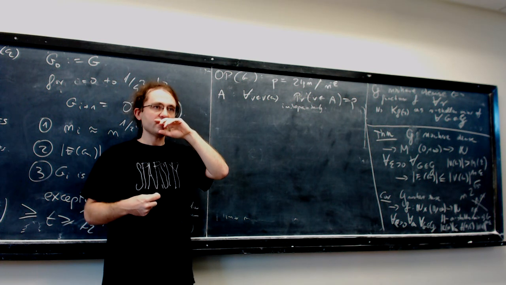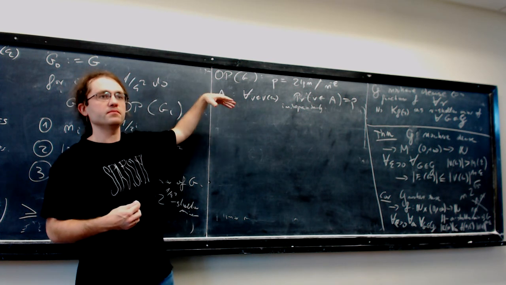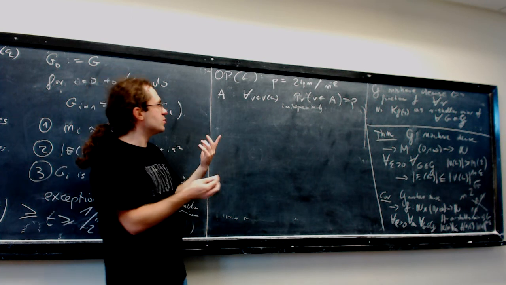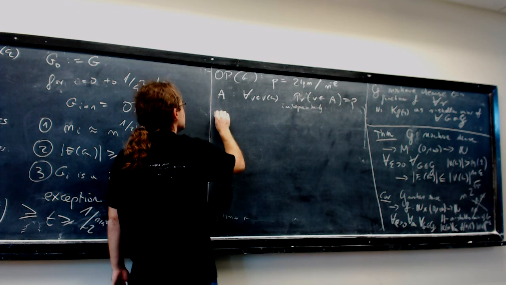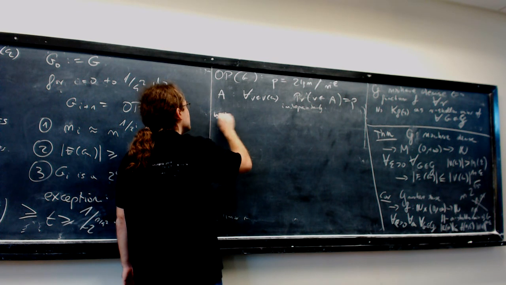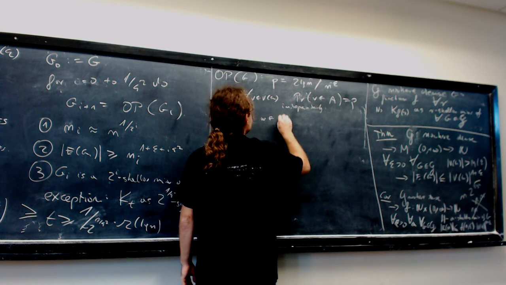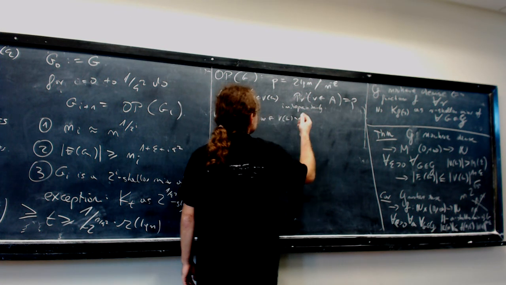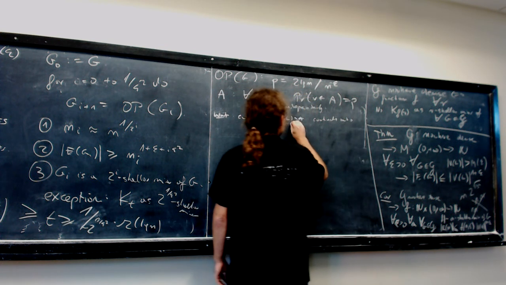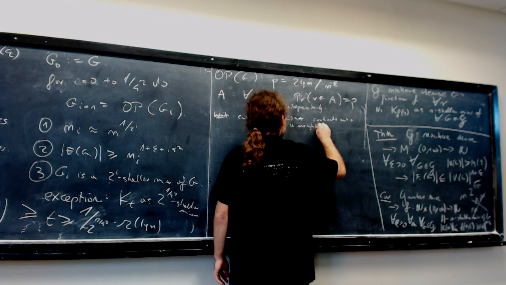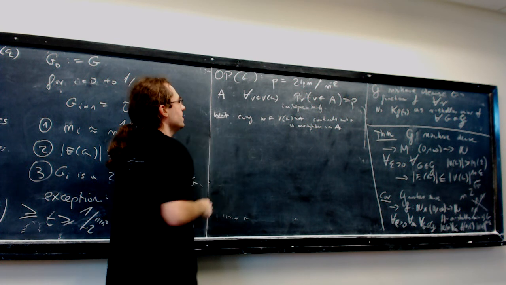We take the remaining vertices, every w in V of G minus A, and contract it onto a neighbor in A. This will be the output of the operation.